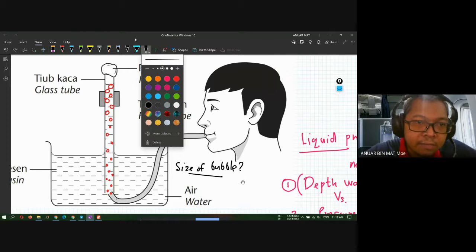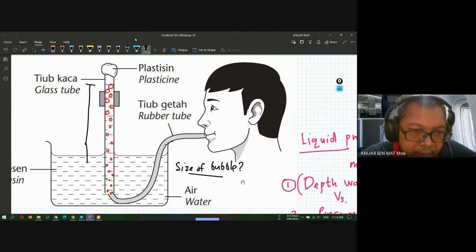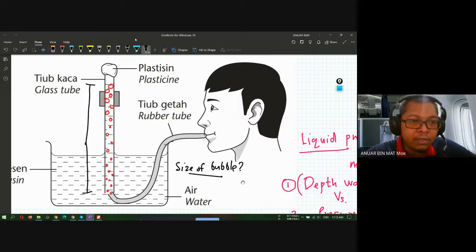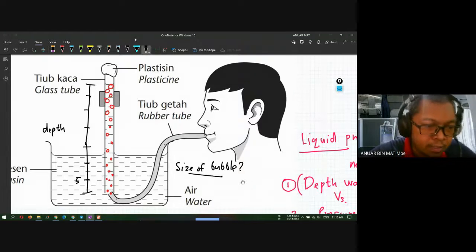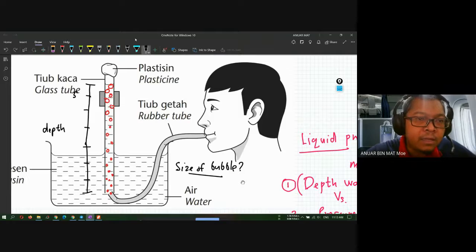So this is the first level of water, the surface level, and then up until here. This is the depth of water. Maybe I just draw it for you to understand a little bit. The depth is maybe 5 centimeter, 10, 15, 20, 25, 30, or 35.